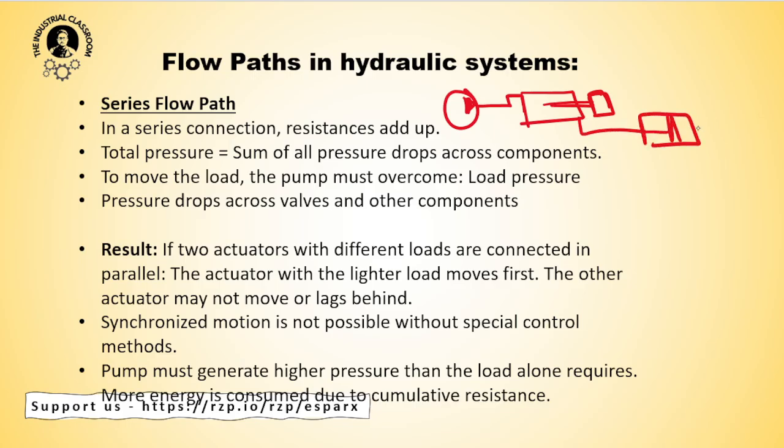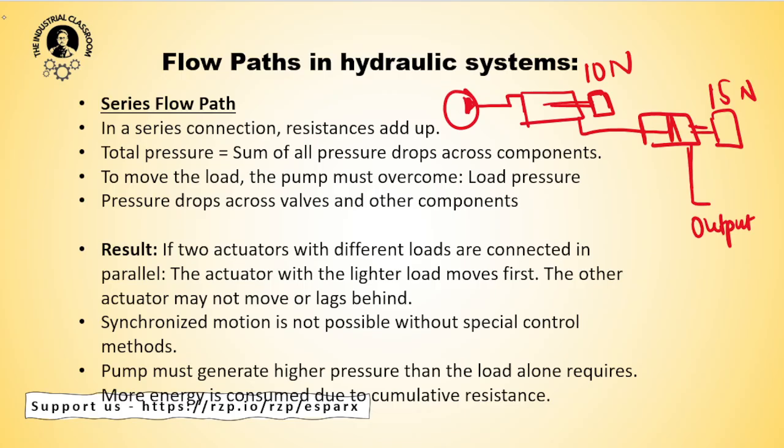Here is another cylinder. So the total pressure here will add up, and then from here there is a single output. Let us consider here weight is 5 Newton, here weight is 10 Newton, and here also let us consider 15 Newton. So how will this system work?